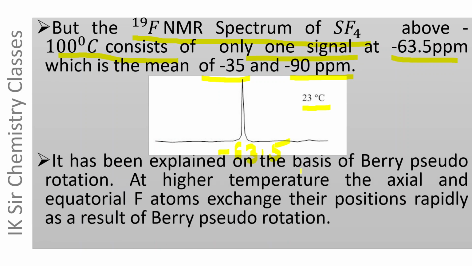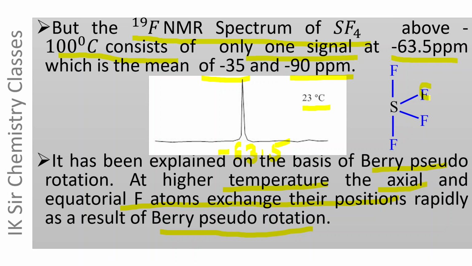It has been explained on the basis of Berry pseudo rotation. At higher temperature, the axial and equatorial fluorine atoms exchange their positions rapidly as a result of Berry pseudo rotation. This is the SF4 molecule having seesaw shape.